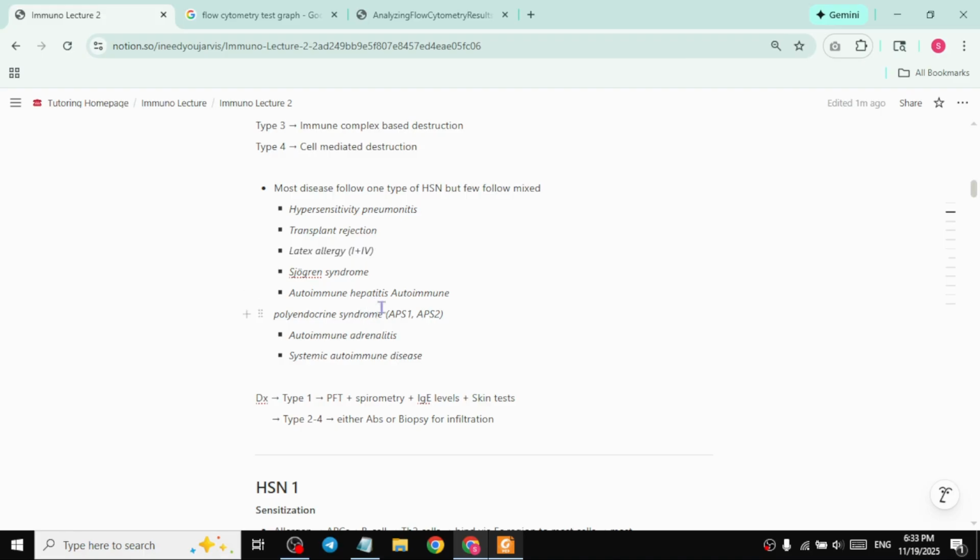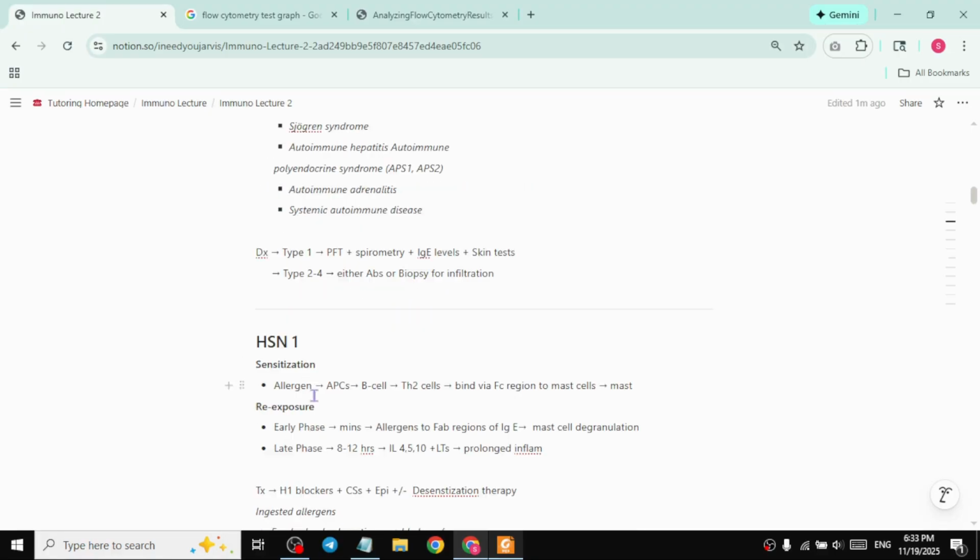Okay. Now, I've written some like general diagnosis points. For example, in type 1, because it's mostly related to the lung and like IgE mediated stuff, you may need to do like pulmonary function testing, right? You may need to do spirometry, okay? Get their IgE levels, get some like skin tests or allergen skin tests and stuff like that to make sure what is actually going on with type 1 people.